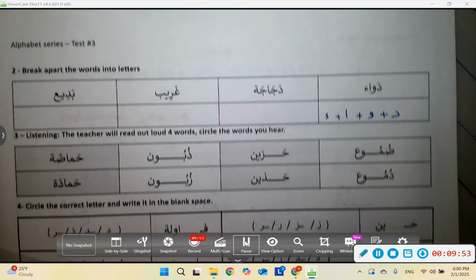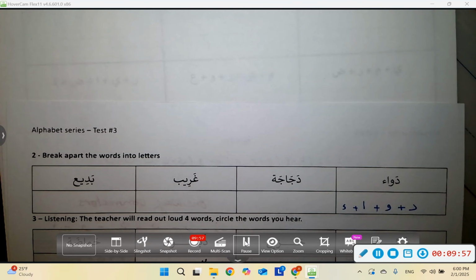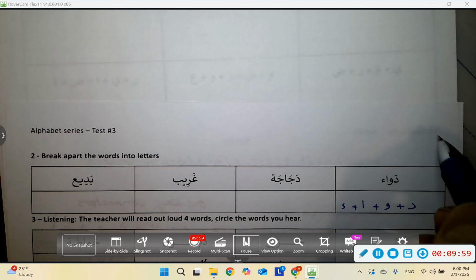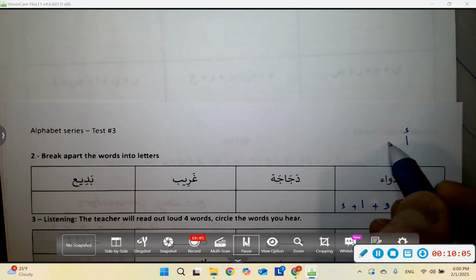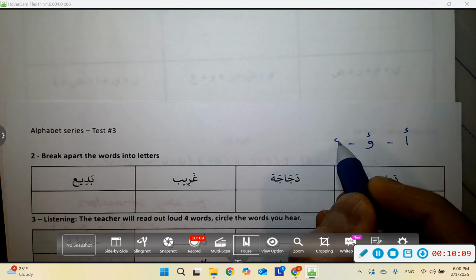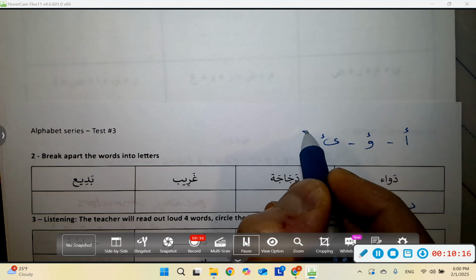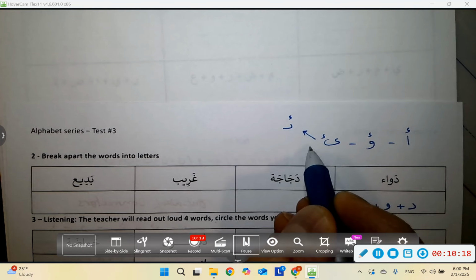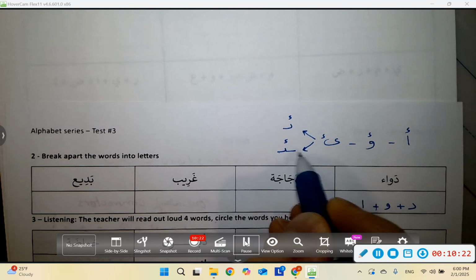We talked about the hamza and we said hamza has too many different shapes. It can come over the alif, it can come over the waw, it can come over the ya, but without dots. And as you know, ya can be written like this, it can be written like this if it's connected from both ways.